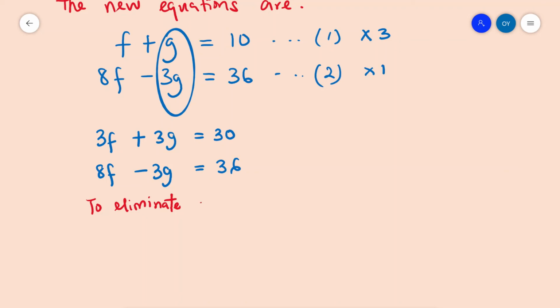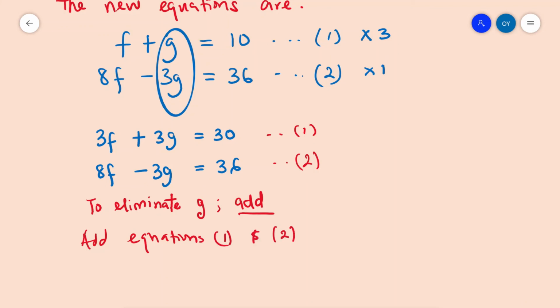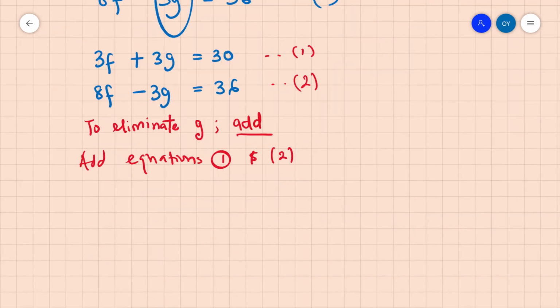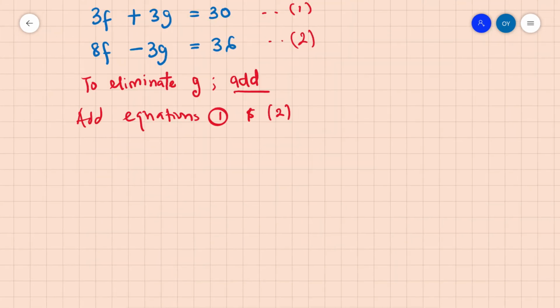And how do we eliminate 3g's? We need to add. When we add 3g plus negative 3g, we have 0. So we add equation 1 and 2.